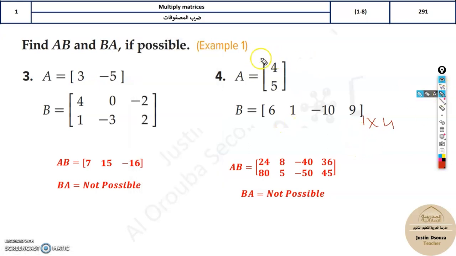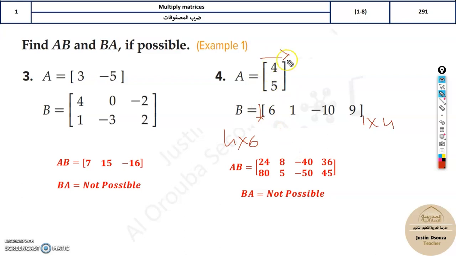So what happens over here is it'll be A and this is equal. So it'll be 4 times 6, the first value. Then next one will be 4 times, oh sorry, let me write it again.